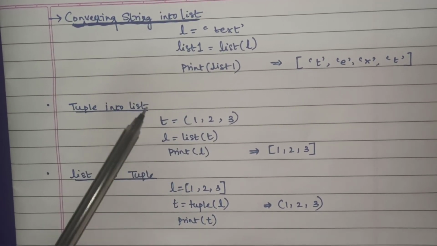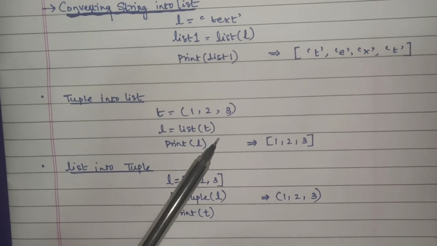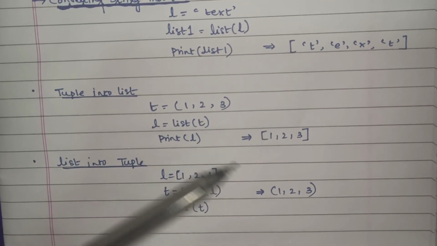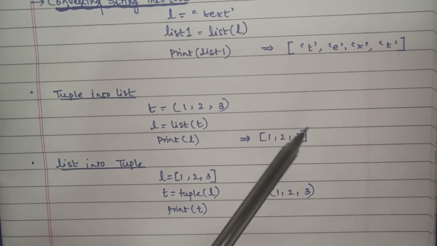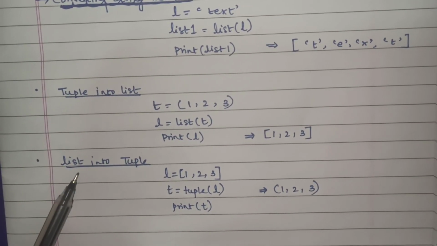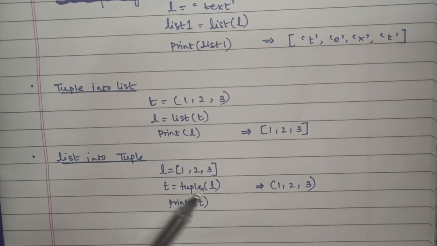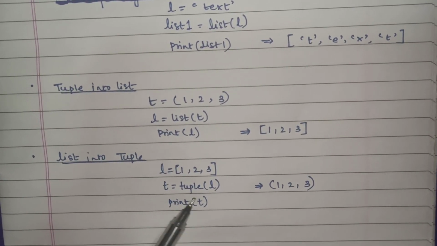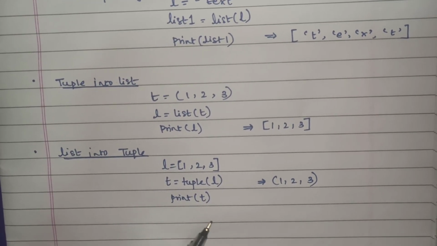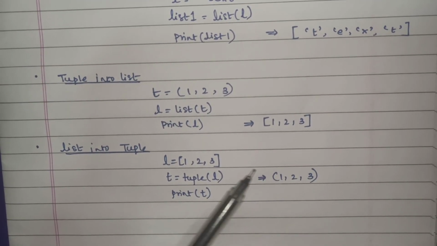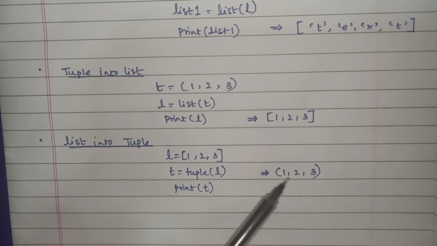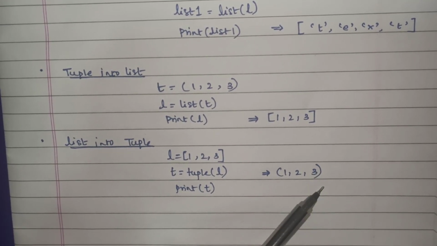So list of T is assigned to L, and it converts the tuple into a list in square brackets. And coming to list into tuple, you have a list and you pass it into the tuple function, that is tuple of L, and store it in T. When you print, the list will be converted into a tuple, enclosed in round braces 1, 2, 3.